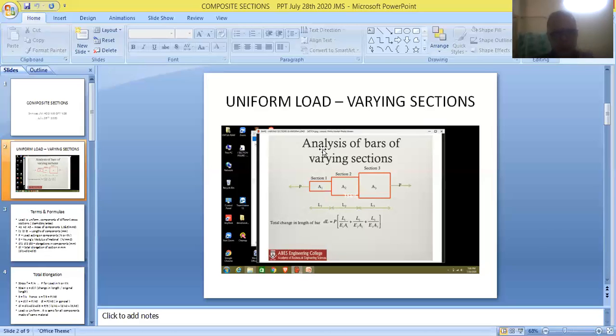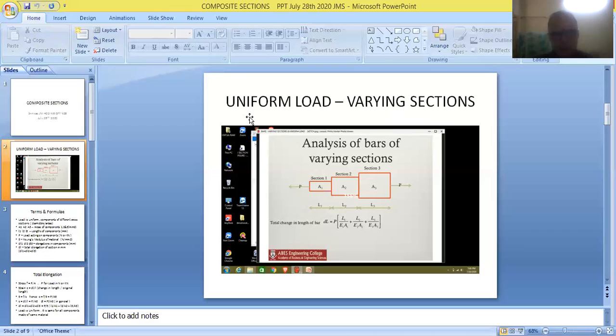So the load acting on the entire section is one and the same. It's called uniform load. And the components of the section have different areas, made up of different diameters or different dimensions. So simply it is called varying sections.